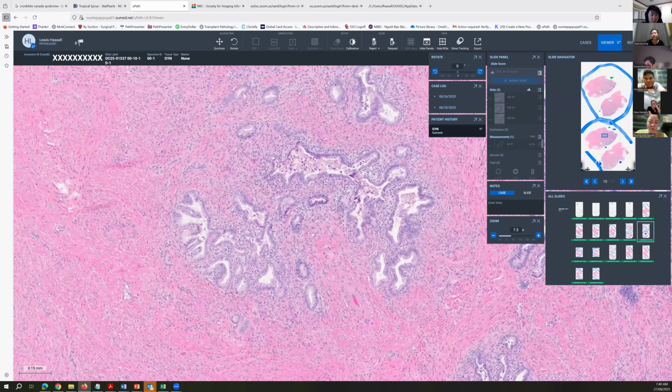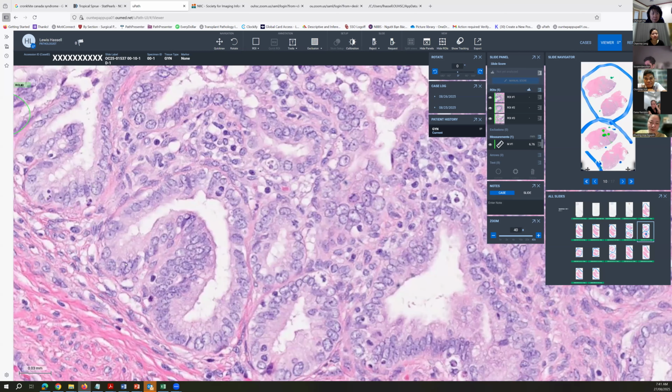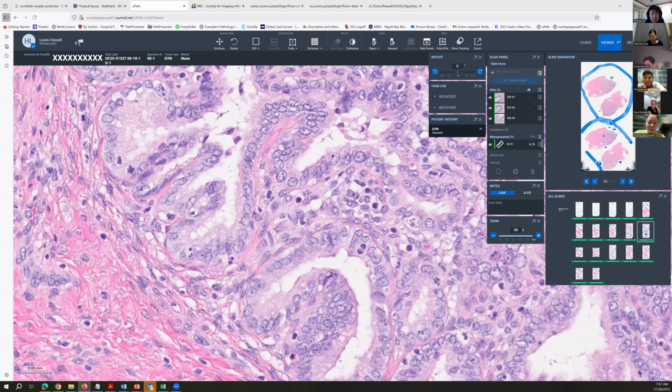And so, although this area looks a little bit different than some of the other areas, you'll notice that there's not the same degree of hyperchromasia here. And in fact, many of these nuclei look maybe relatively normal, but we have mitotic figures that are present here. And I started circling some of them so that they would stand out.